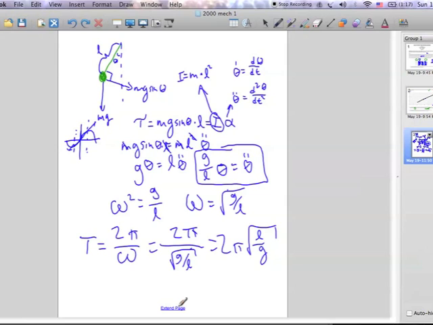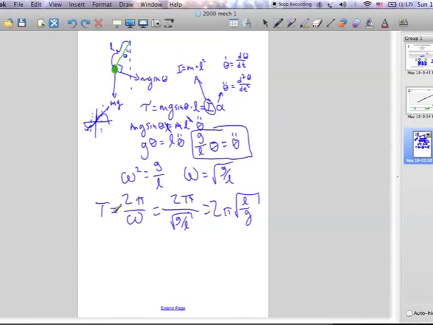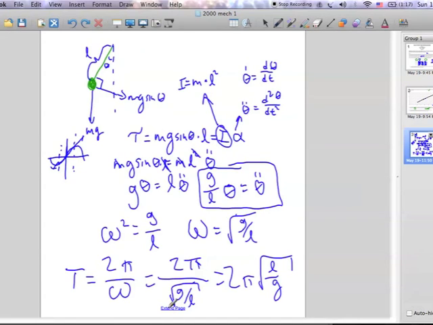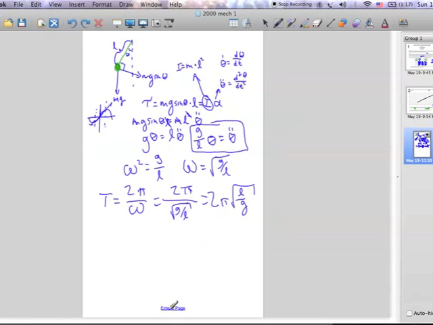And so now we have a relationship between T and L, but our graph here is T squared and L, so let's square both sides. That will help.